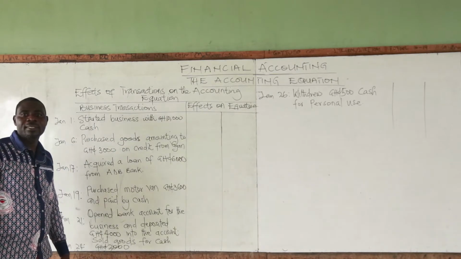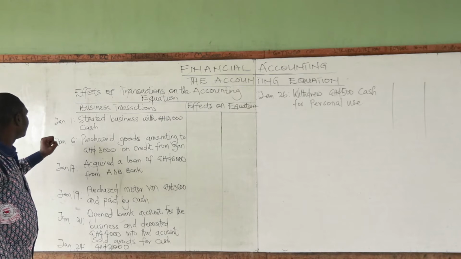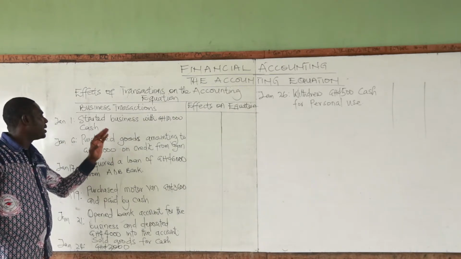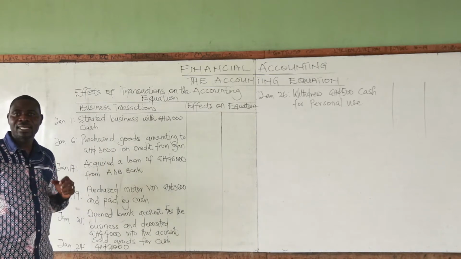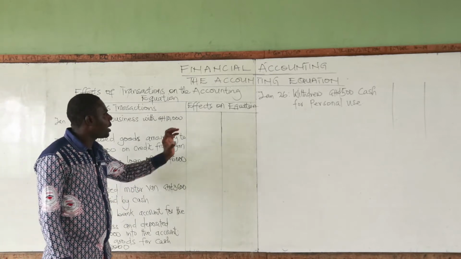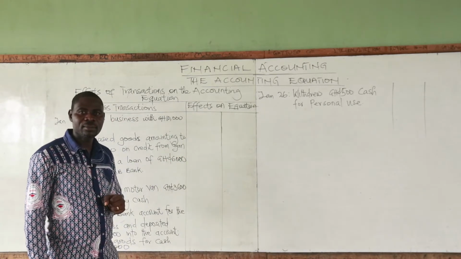The sole proprietor started business on the first of January with 10,000 Ghana cedis cash. And we come here and look at the effect on the accounting equation.